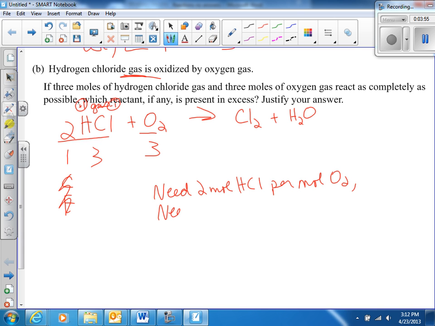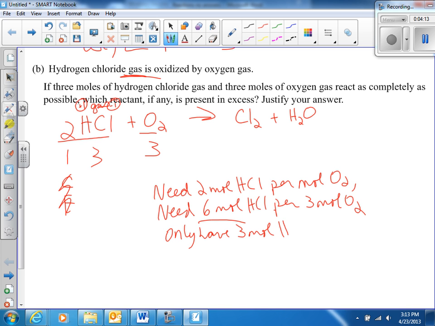So we need 6 moles HCl per 3 moles O2, which is what we had. I don't have 6 moles, I only have 3 moles, so the HCl is going to run out. Only have 3 moles HCl, so HCl is limiting, and O2 is excess. And I think, yeah, it's present in excess. We're done.